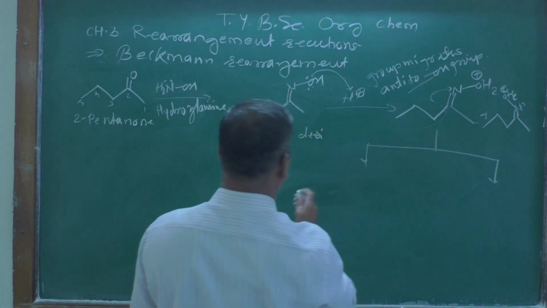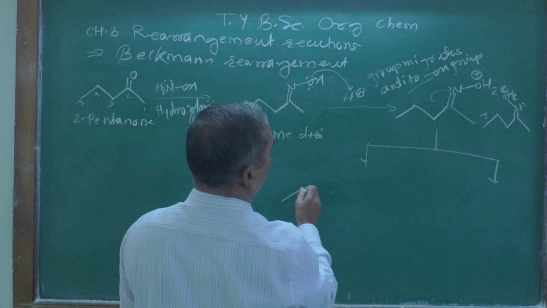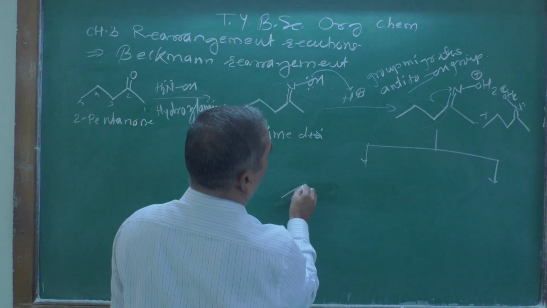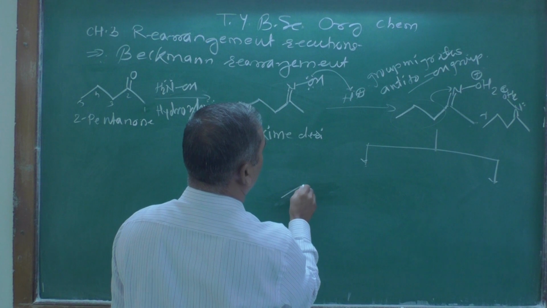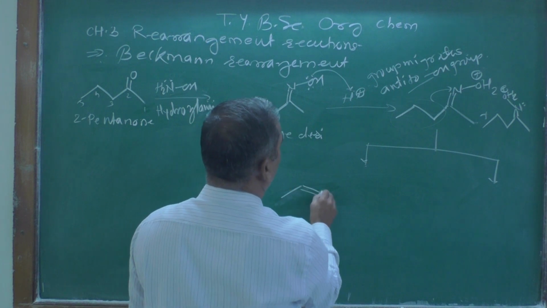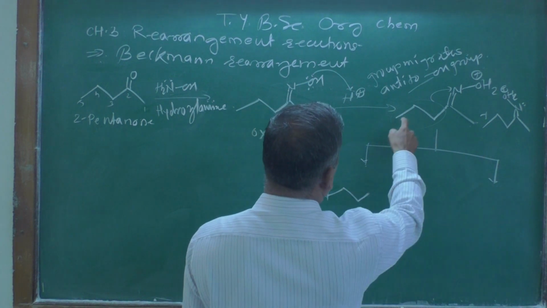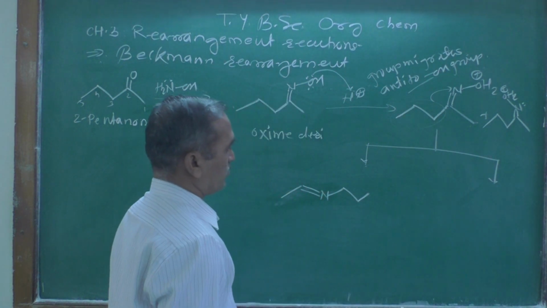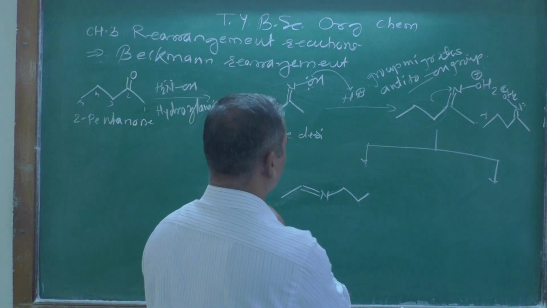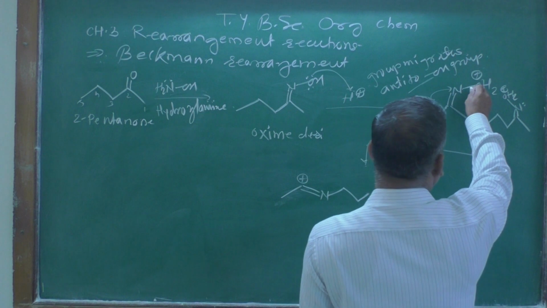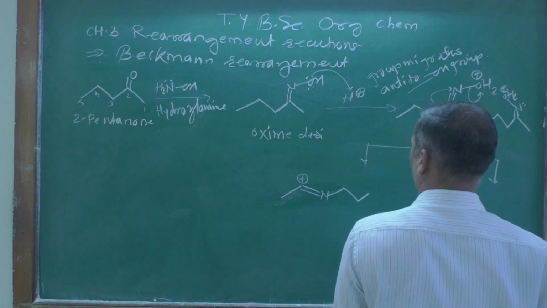Now it is this one, then double bond N, and then this one, 1 2 3, 1 2 3. This is a propyl group. This is one way, and the positive charge comes over here, with the departure of the water molecule.